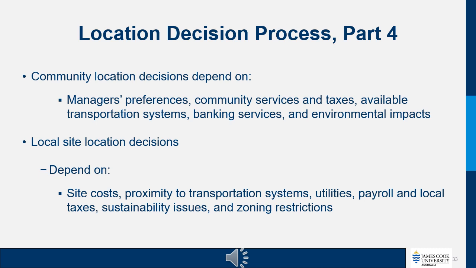When you're looking into community location, the decision depends on the manager's preferences, community services, taxes, availability of the transportation system, banking, environmental impact. When we're looking into local site location decision, we look into site cost, proximity to transportation system, utilities, payroll, and local taxes, sustainability issues, and zoning restrictions.